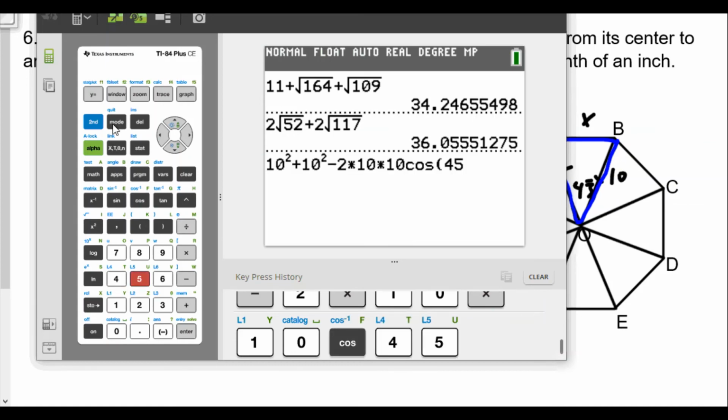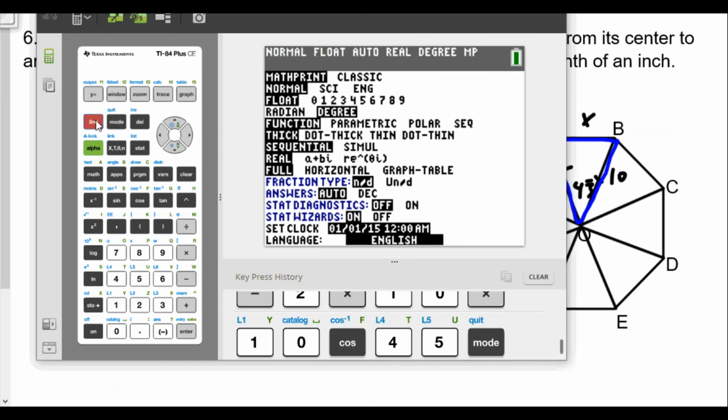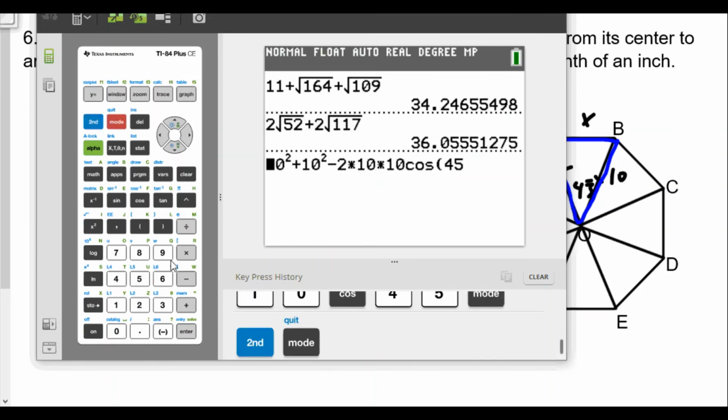And again, make sure we're in degree mode. Yes, we are. We're good. All right. So in this case, hit enter, and we get 58.5786437.